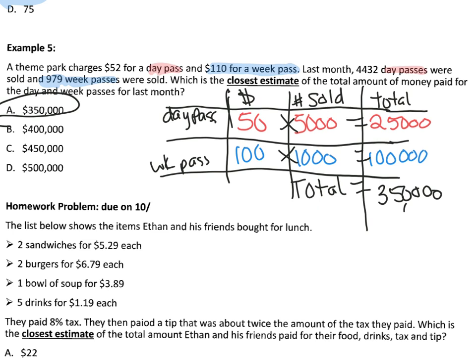Simply because I was looking for compatible numbers. That's why I rounded this 4,432 up to 5,000. I just want easy numbers. If you rounded it down to 4,000, that's okay. Your answer would have been a little less, and then again, we're going for the closest estimate. So then you would pick the closest one to your answer. Okay, so just deep breaths and everything will be great with this one, okay?